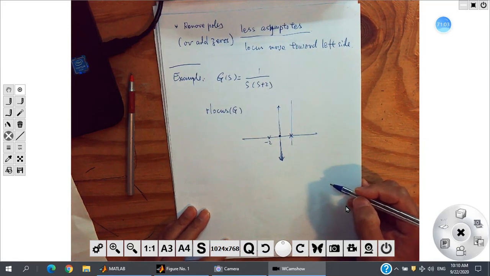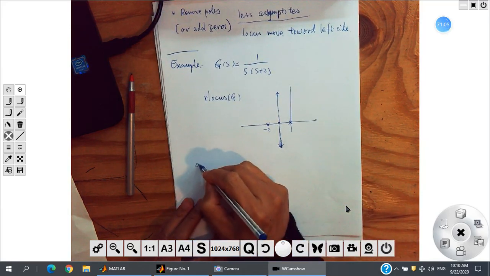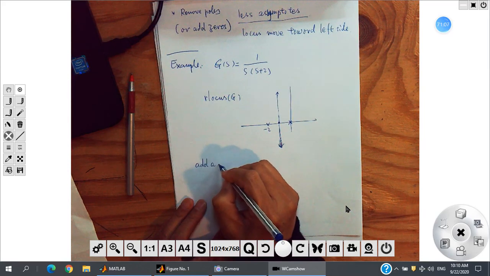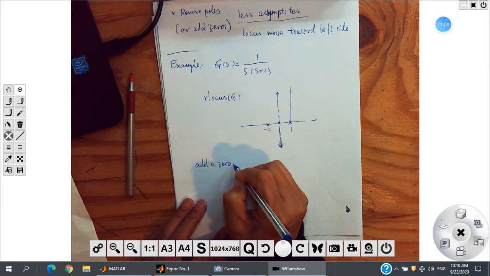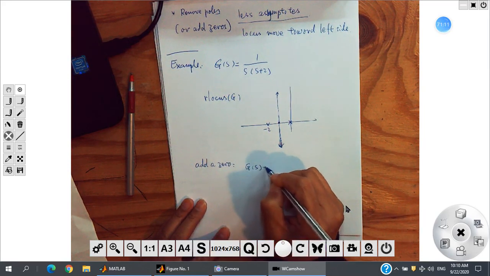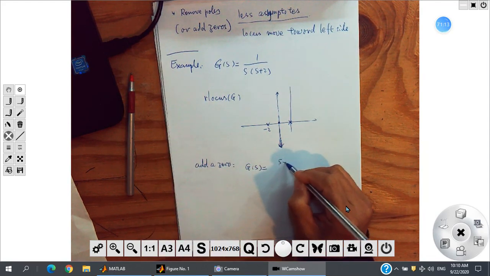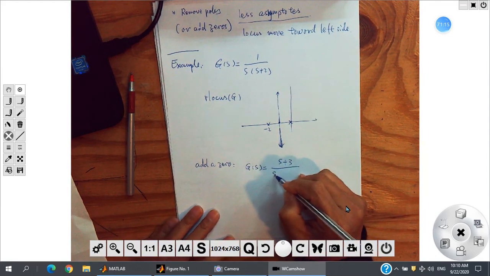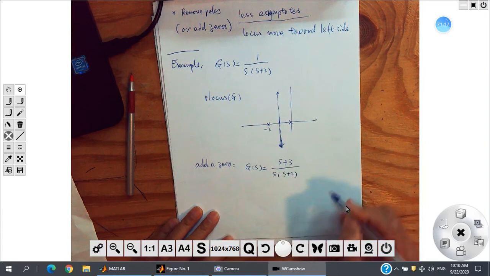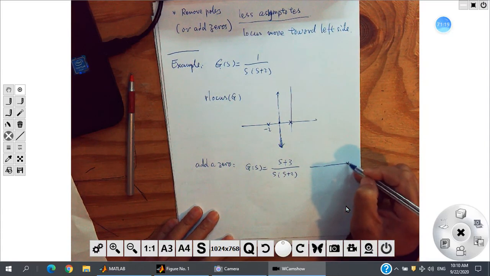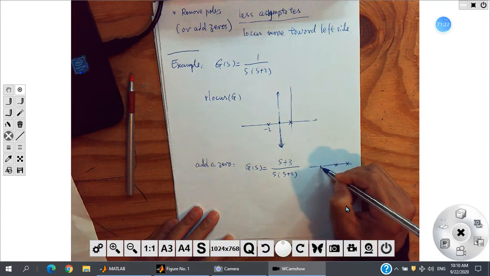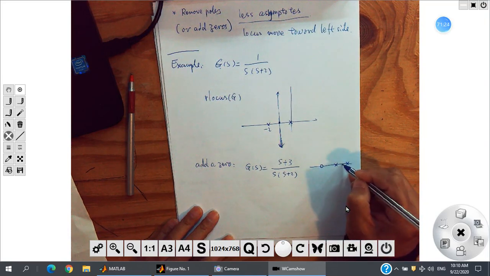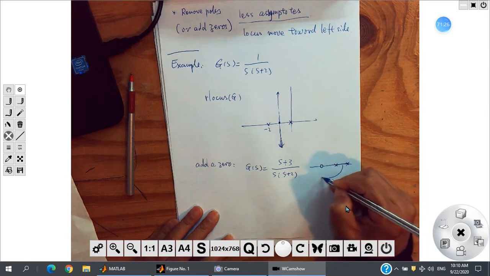If we add a zero, G of s equals, for example, (s plus 3) over s times (s plus 2). Then we have crosses and a circle. Then the root locus will look like this.